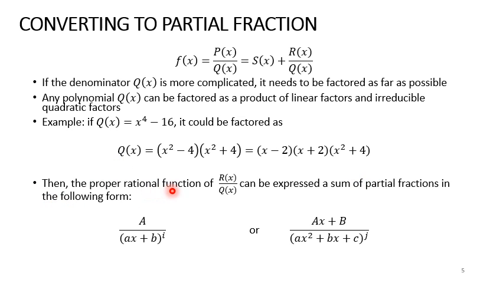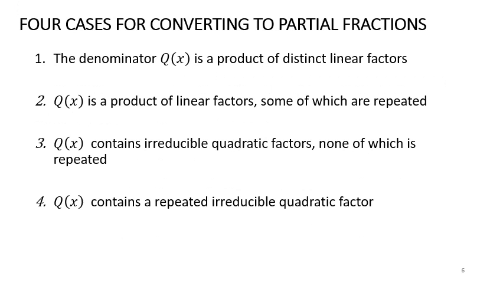Then the proper rational function of r over q can be expressed as a sum of partial fractions in the following form. So we will see the different cases of converting to partial fractions in the next slide. Okay, so these are the 4 cases when you want to convert to partial fractions. So you need to look at the denominator q. The first case is when the denominator q is a product of distinct linear factors.